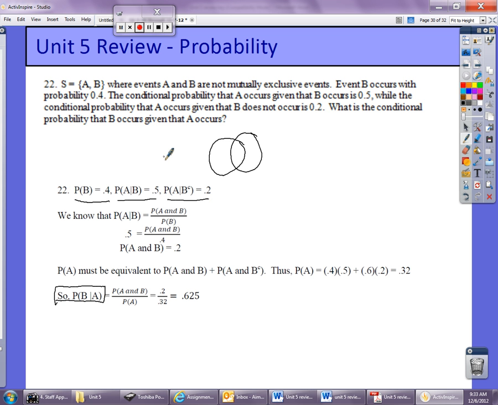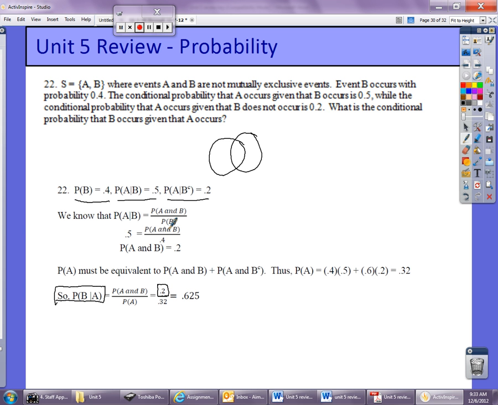So now, what is a way that I can get A and B with this information? Well, you could use the probability of A given B in order to find the probability of A and B, which is 0.2. So if you go through this process, that's where you're going to get the 0.2 from.